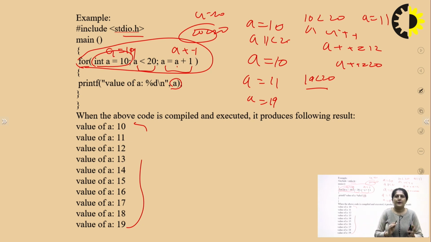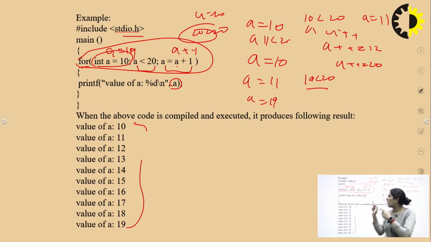In while, we first check the condition, then the statement will be executed. In do while, we execute the statement first, the do statement comes first, and then we check with the while statement. So in do while, at least one time the statement will be executed.